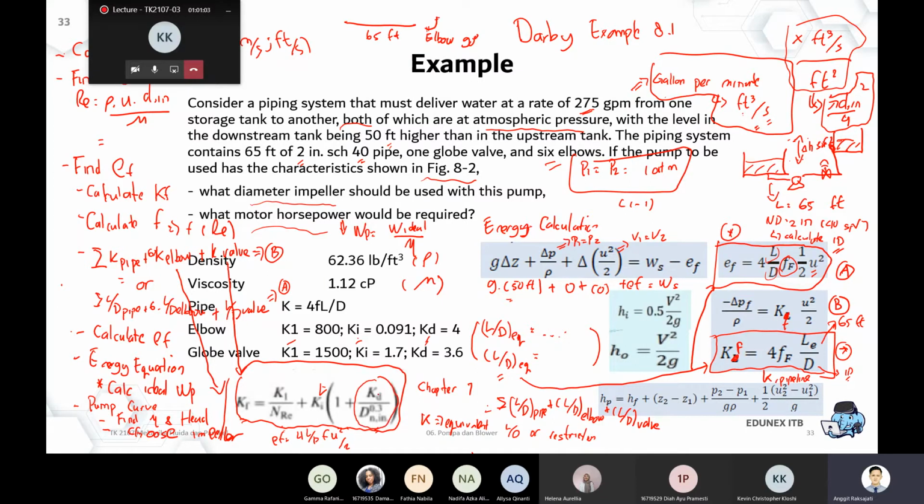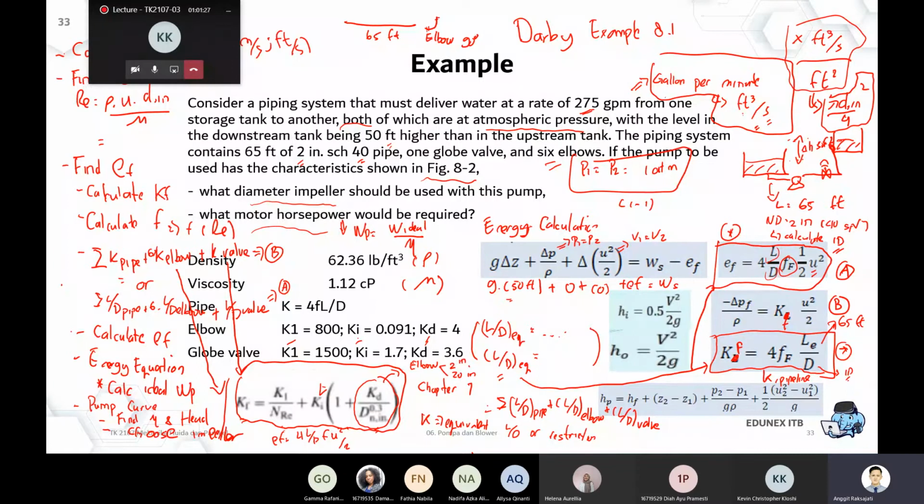Okay, so you see, this tells you that if you have an elbow of 2 inch and you have an elbow of 20-inch pipeline, it's going to result in a different equivalent of straight pressure drop.